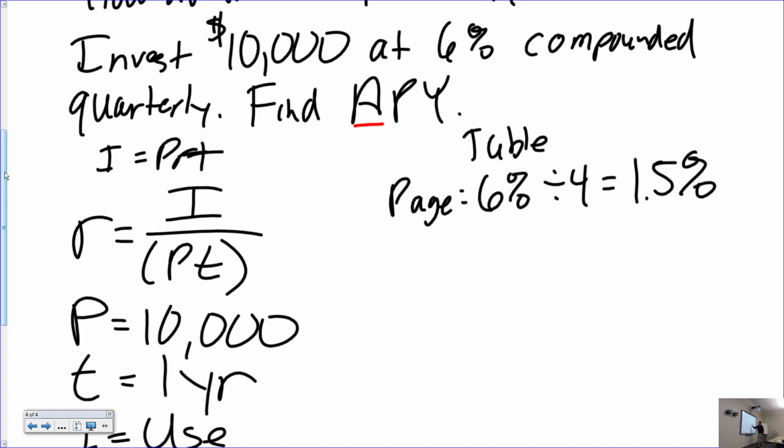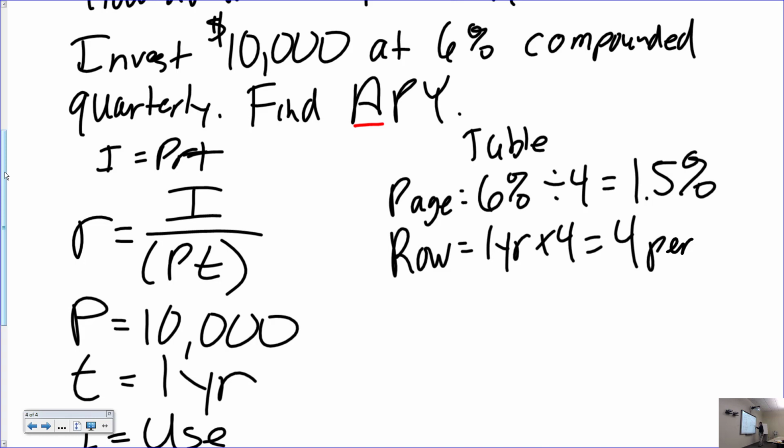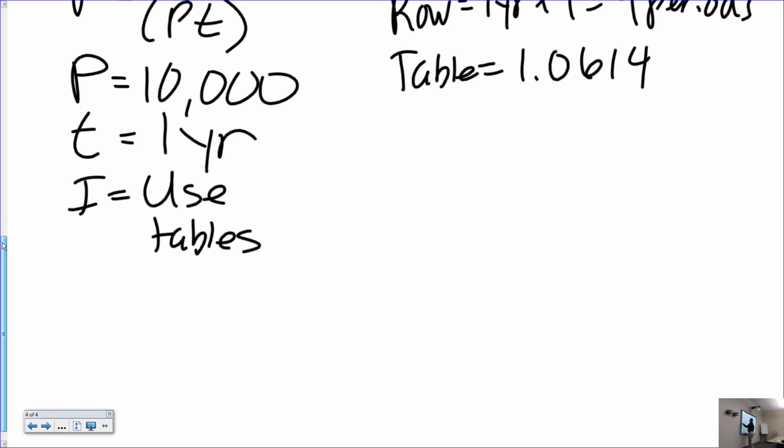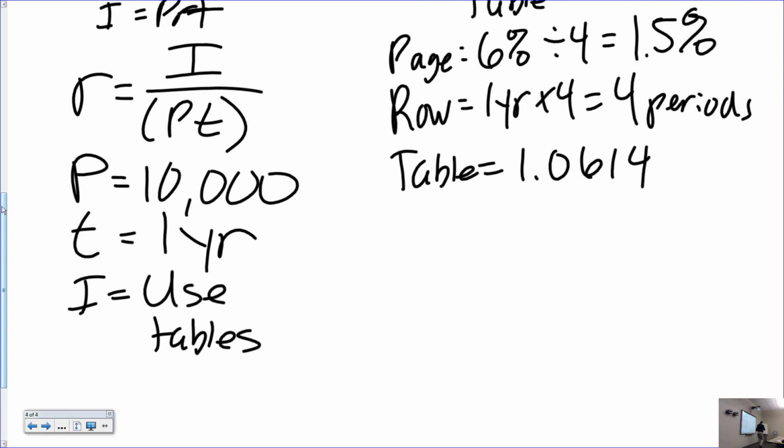What row are we going to go to? 4. Because again, it's 1 year times 4, so 4 periods. The table equals 1.0614. What do we do with that number?